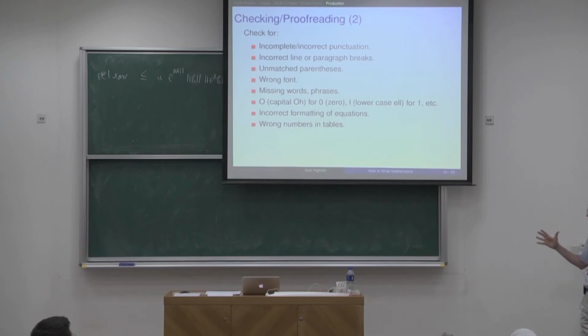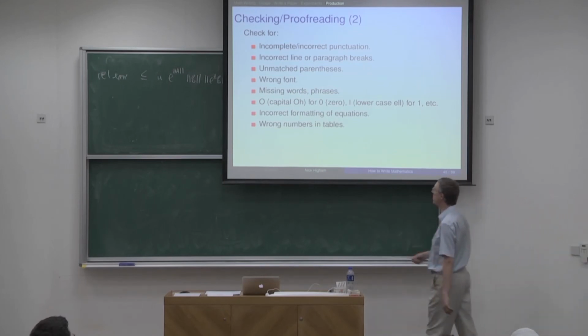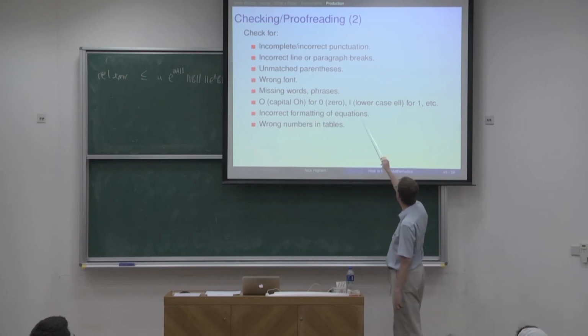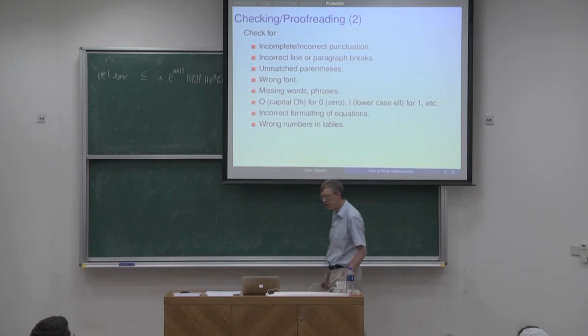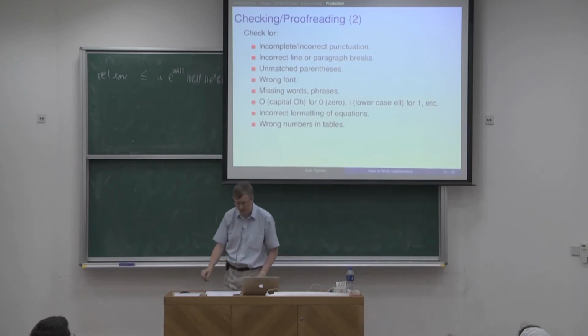So when you get the proofs, you mustn't assume that they're going to be correct. You must assume that they're going to be wrong and actually verify that they're correct. And there's a whole load of things to check for here, including subtle things like the O versus 0, L versus 1, whole chunks of text having been deleted by mistake by the person who was editing the paper, and so on.